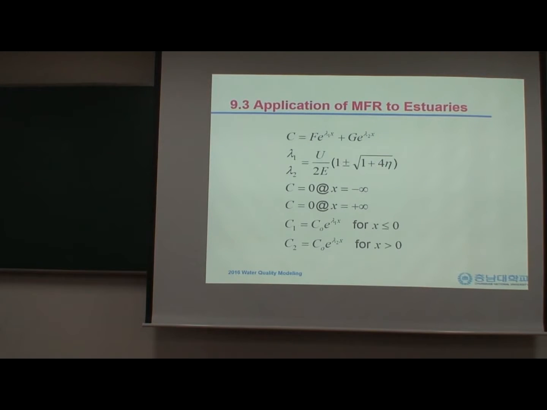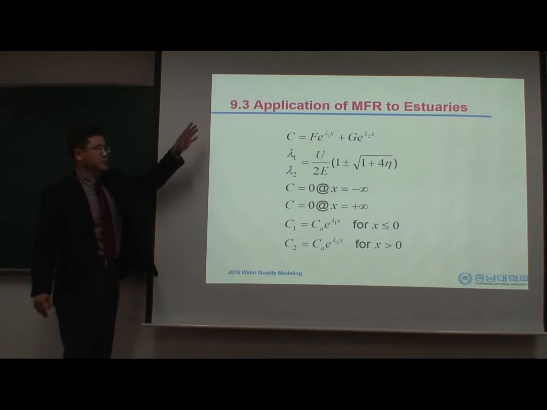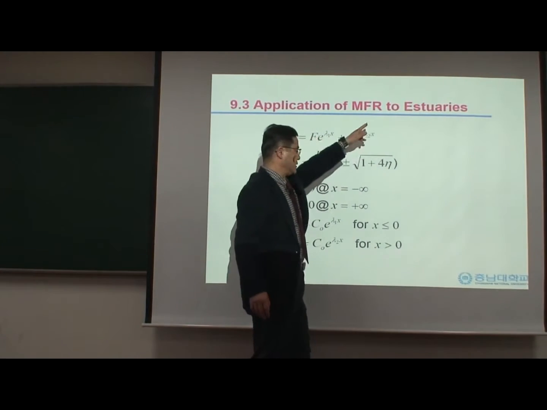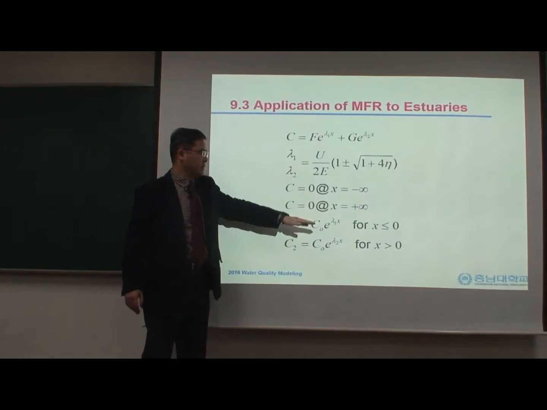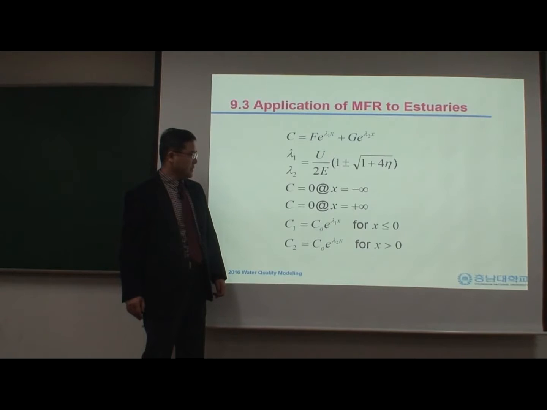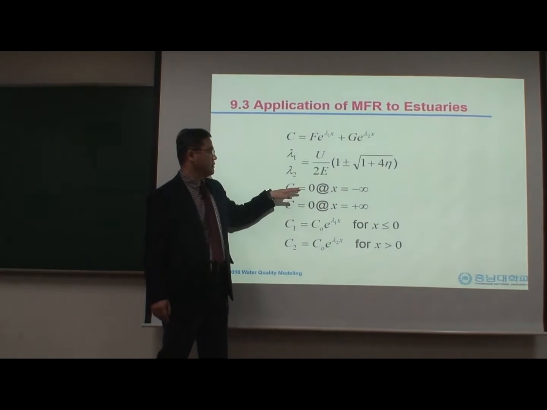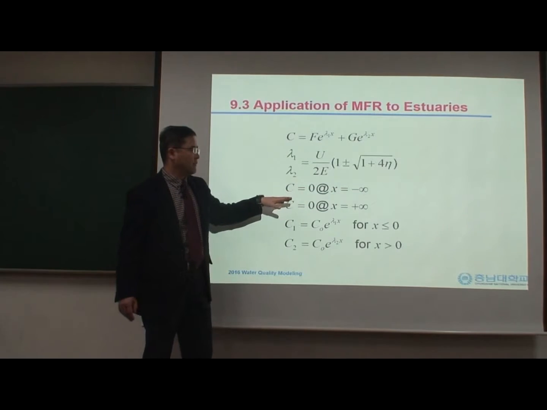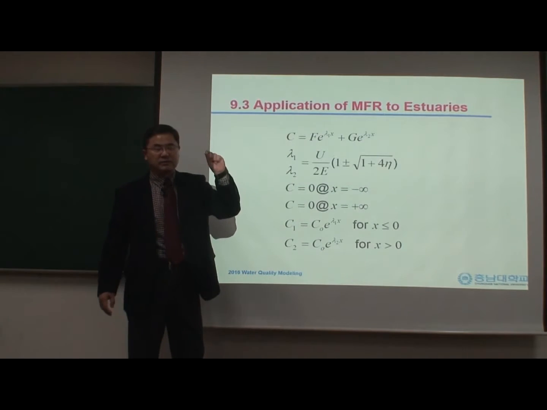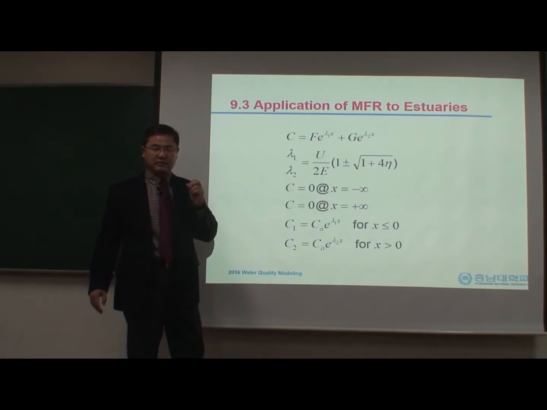And here, we also talked about a very special case. In that case, we have actually 3 boundary conditions. We have 0 for minus infinity, 0 for plus infinity, and C equals C0 at x equals 0.